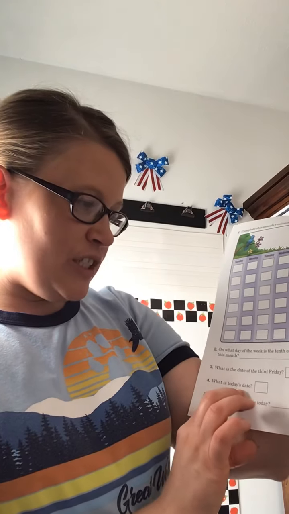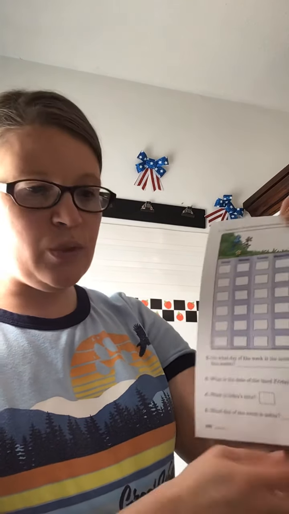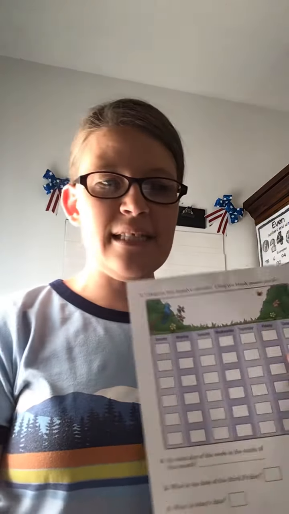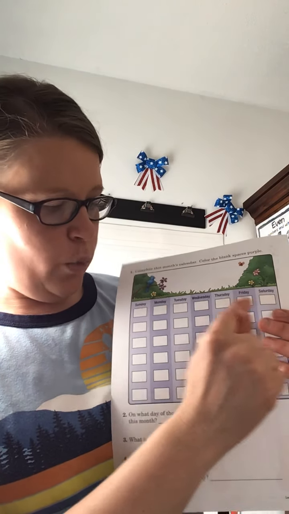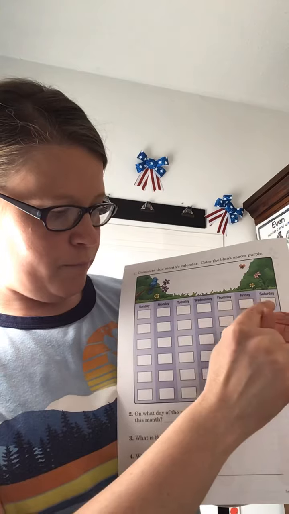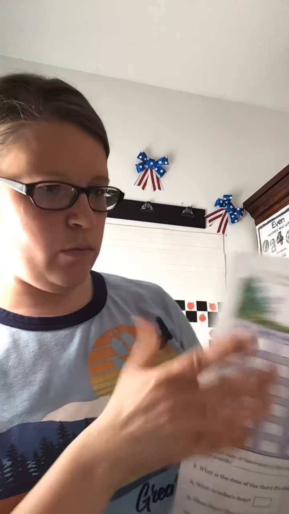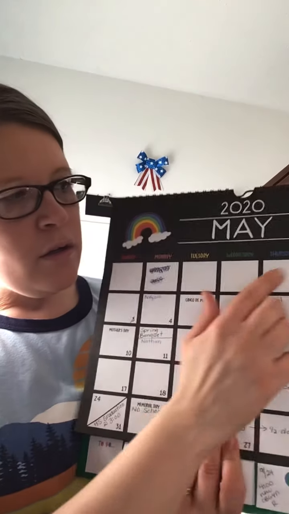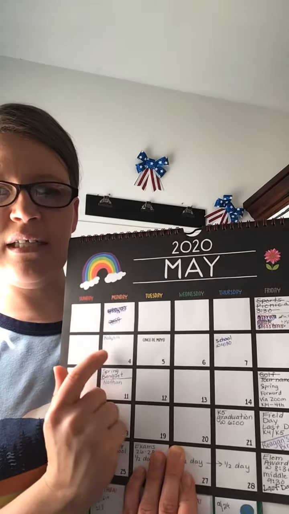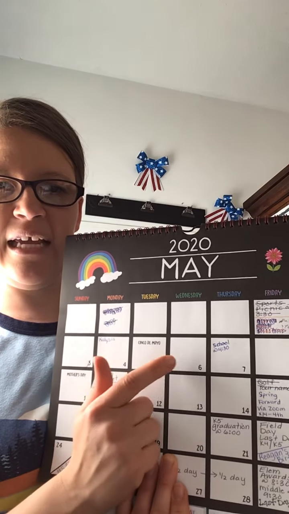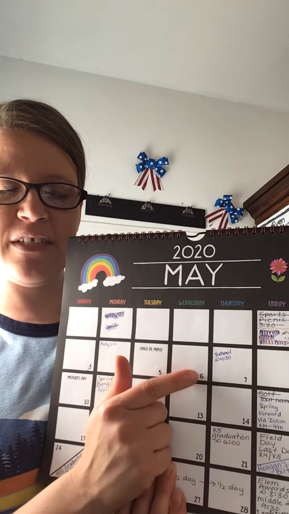Okay, so what is today's date? Well, today is Wednesday, and if you look up here, I'll show you on this calendar since it has the numbers. We've already experienced Friday, Saturday, Sunday, Monday, Tuesday, and then today is Wednesday, the 6th.